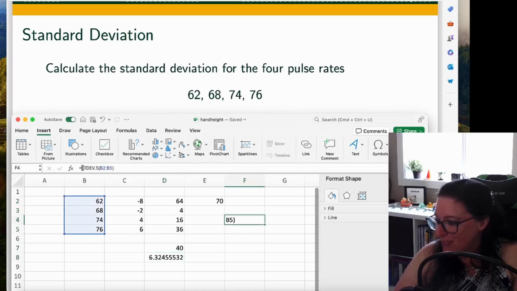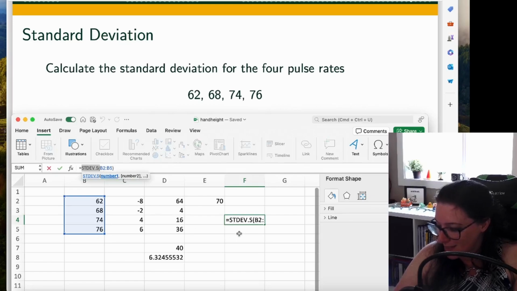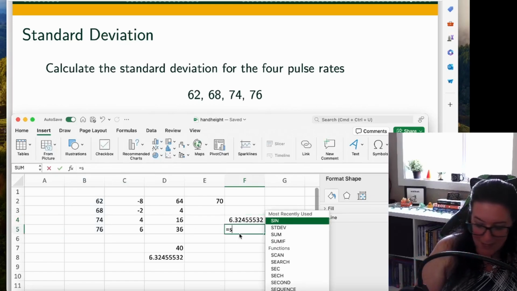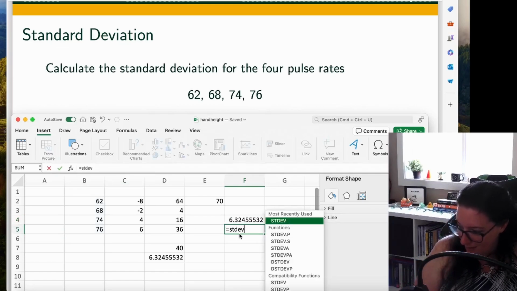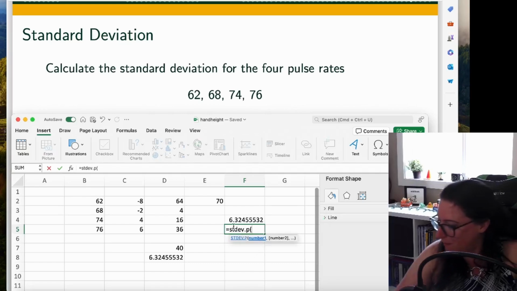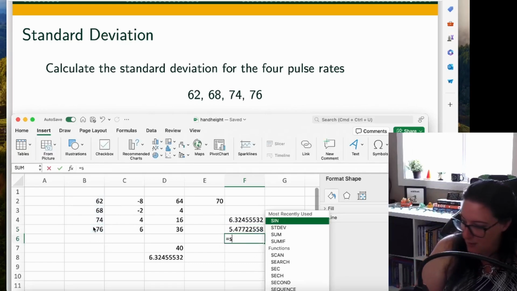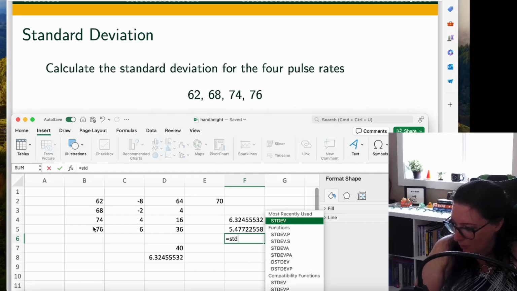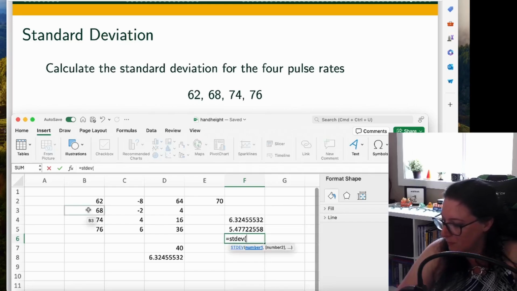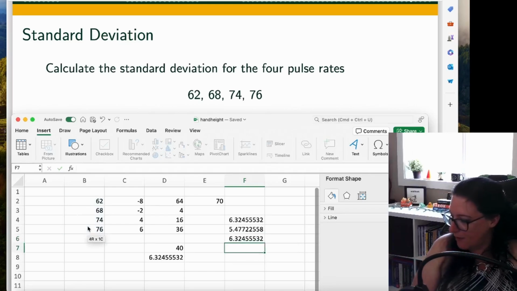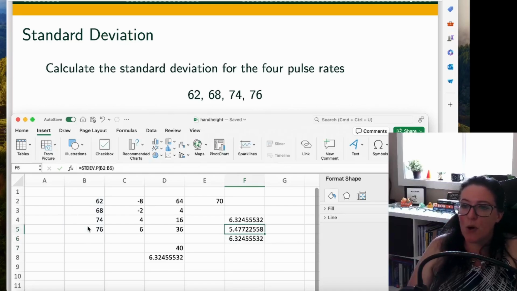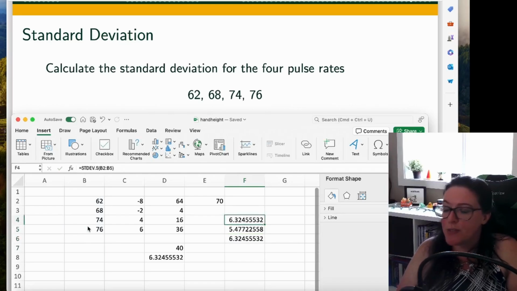So just to show you, this is STDEV.S, that's the sample one. STDEV.P, that's the population one, and then STDEV, the old one. Should still be the sample one, I think. Yeah, there we go. So just be careful about which formula you're using.